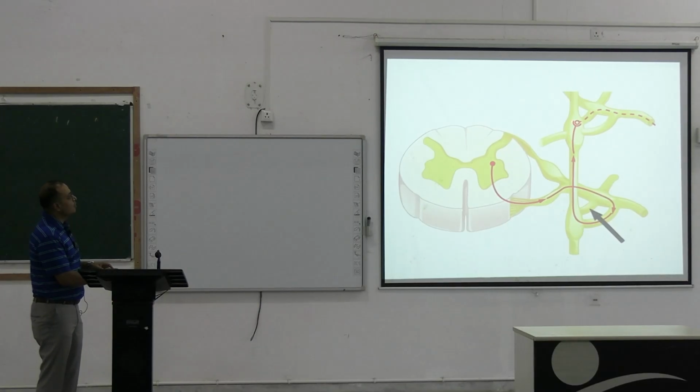Then the second order neuron starts from the ganglion, and we call these the post-ganglionic neuron fibers. So we get these two terms together, pre-ganglionic nerve cells and fibers, which are sympathetic of course, and post-ganglionic nerve cells and fibers. These are the two things we have to understand a little bit.